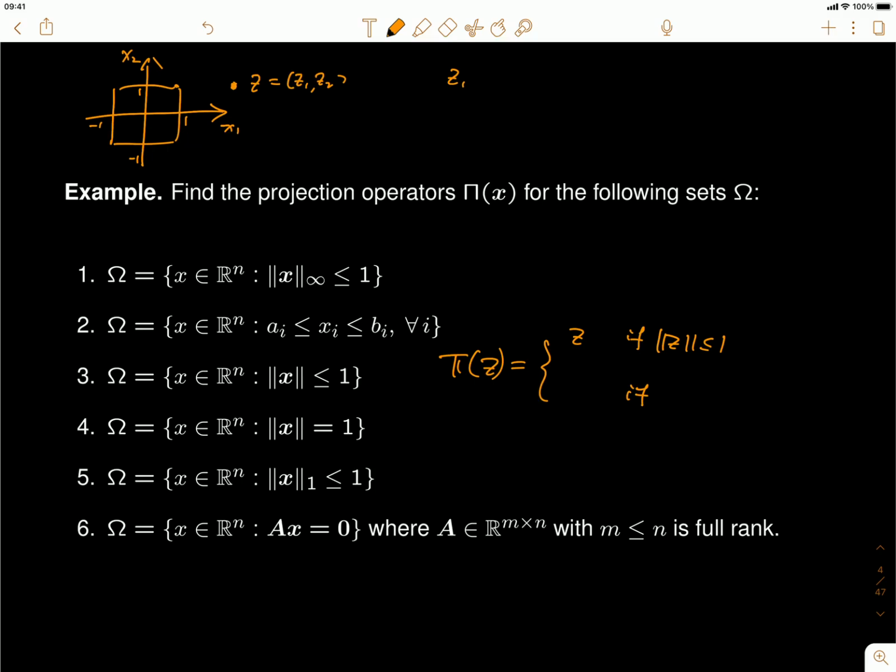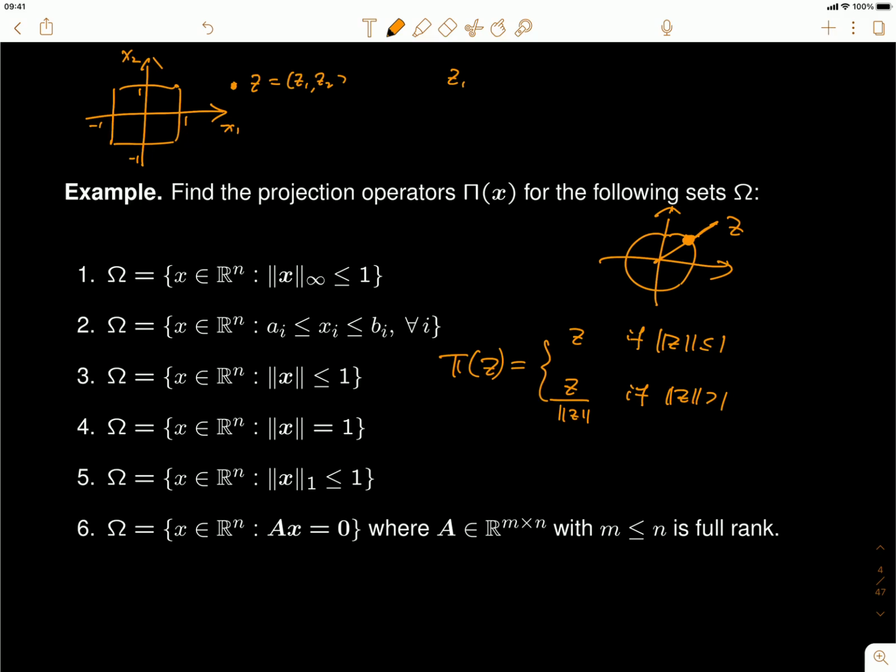If z is outside of the ball, then in the 2D case, say z is somewhere here, what I can do to project this back to the ball is to shrink the length of z such that the length is equal to 1. So this will be the point for projection. The pi of z should be z over the norm of z.